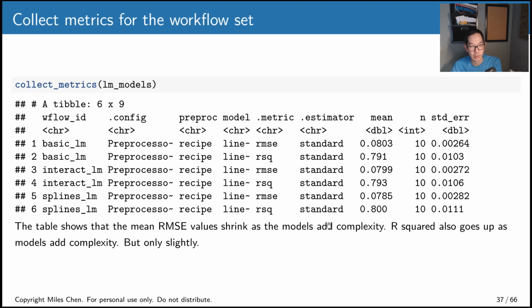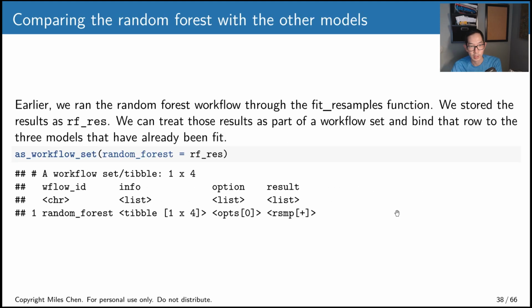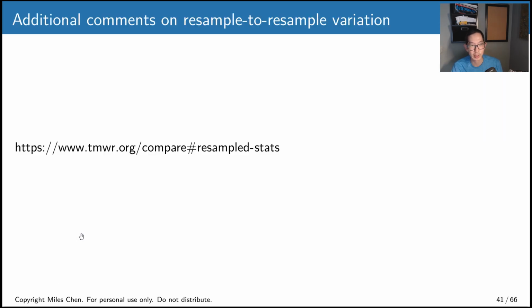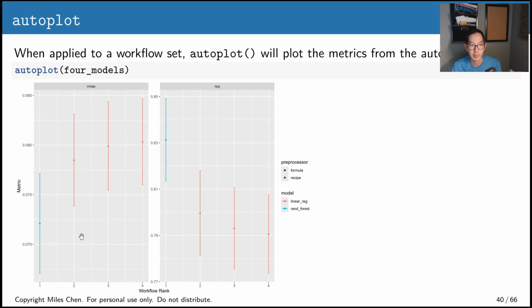Well, I'm not sure how workflow rank got computed here, but this seems to be the best performing model there. But certainly here these are pretty close and certainly within the error bars there.